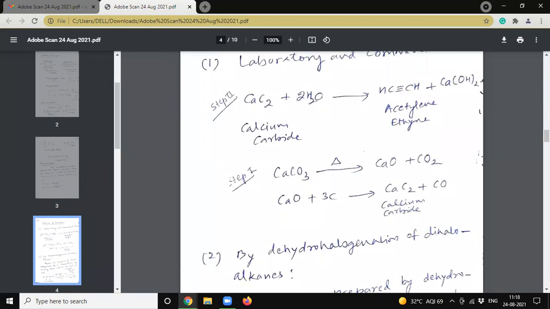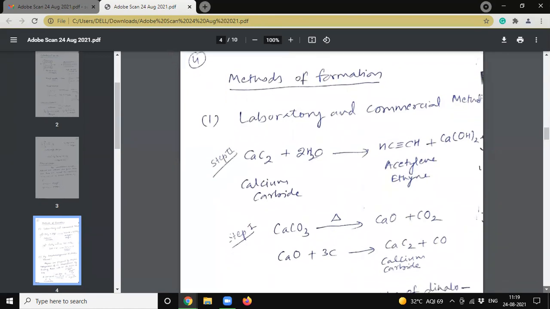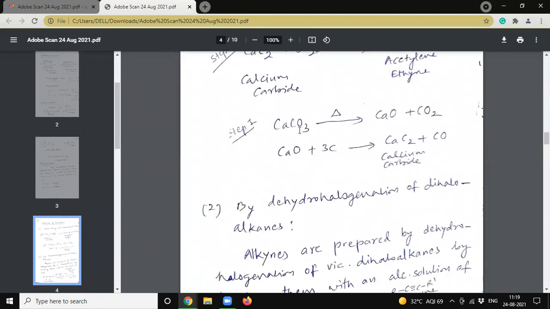Methods of formation. Laboratory or commercial methods. Calcium carbide, when it is hydrolyzed with 2 water molecules, will give acetylene or ethyne, and the byproduct is calcium hydroxide.